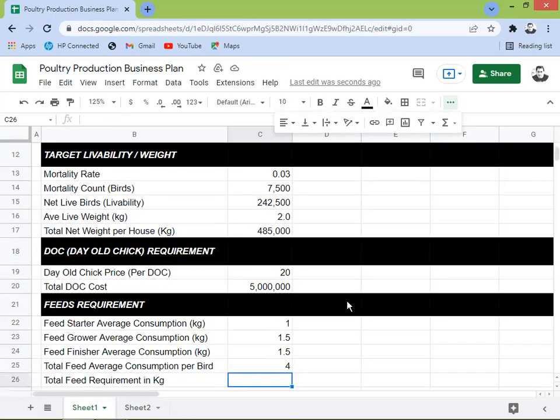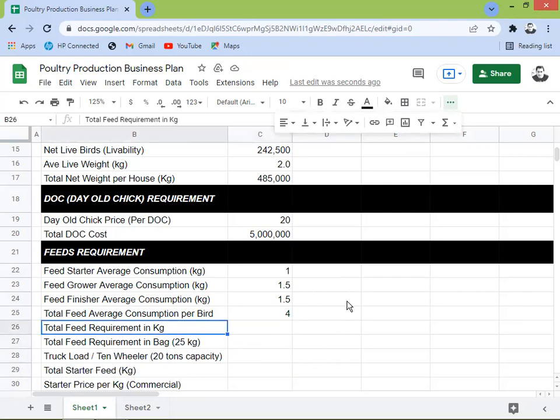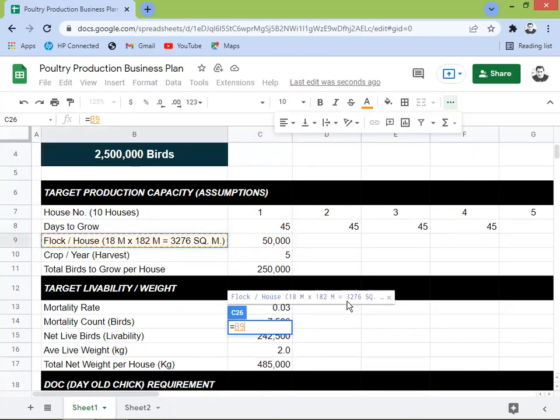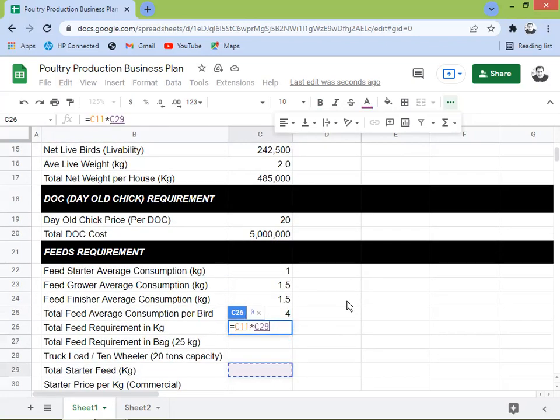All right, 2 kilograms. The next thing I'm going to do is get the total feed requirement in kilogram. So we're going to take 250,000 birds multiplied by 4.